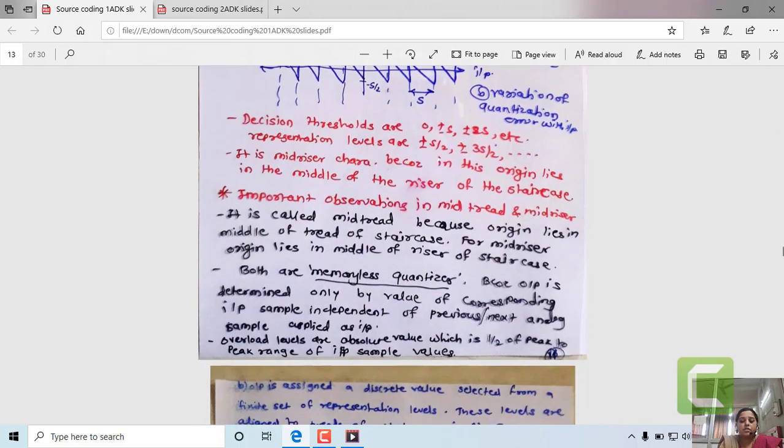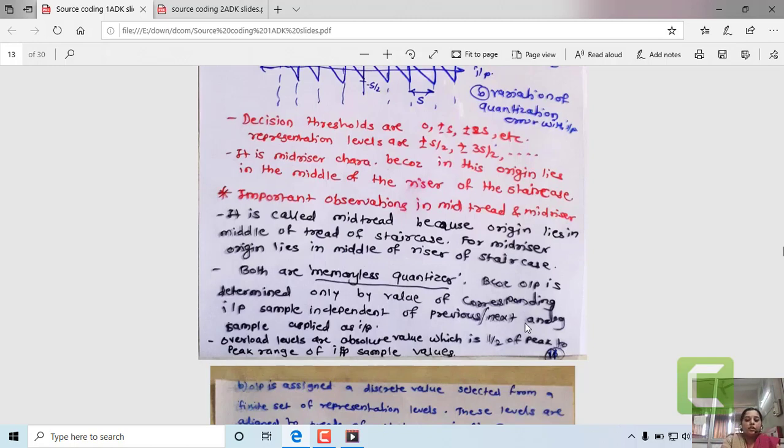But the major observation we can draw from these uniform quantizers is that these two quantizers are memoryless quantizers. Now what is the meaning of a memoryless quantizer? Here, the current output is always determined by the current input for that quantizer, and not dependent upon the previous value or the next input of the analog sample for the quantizer block.